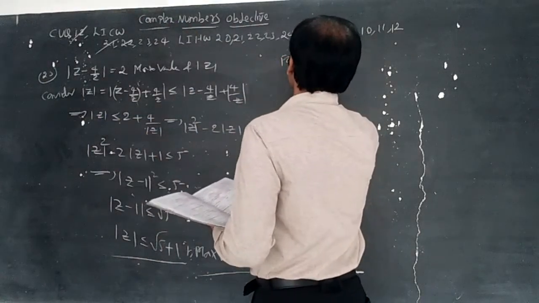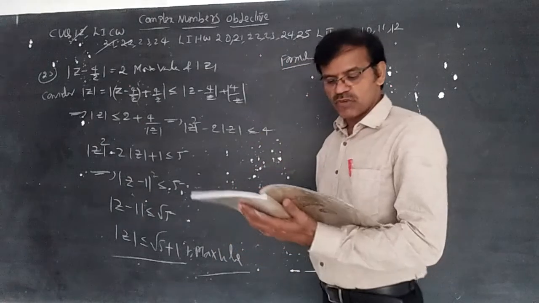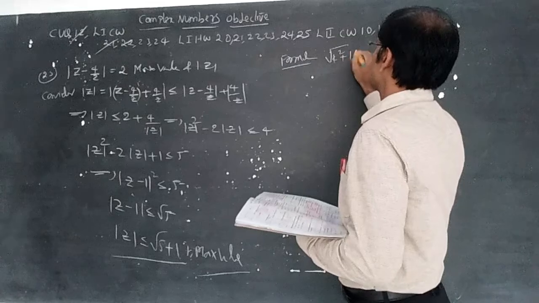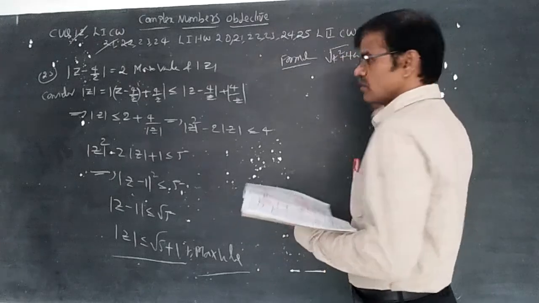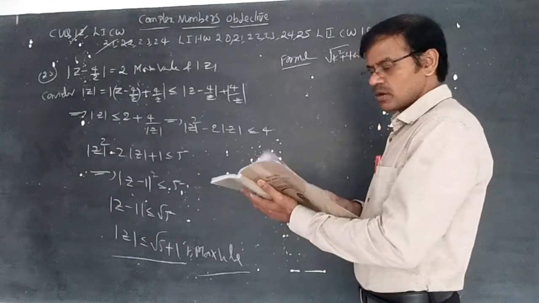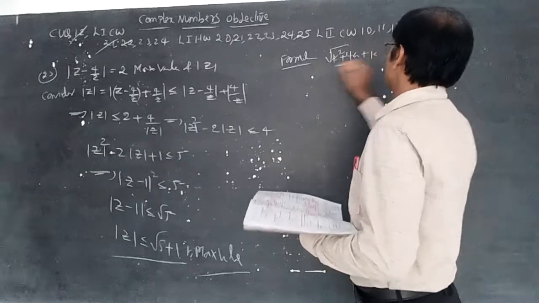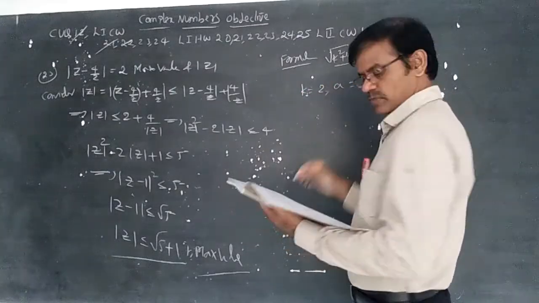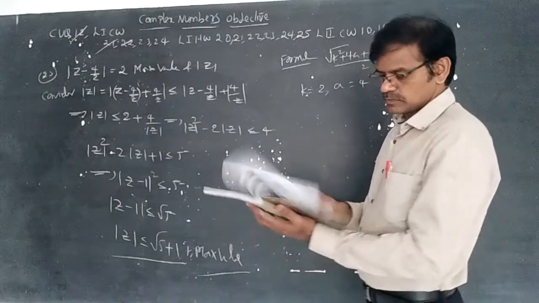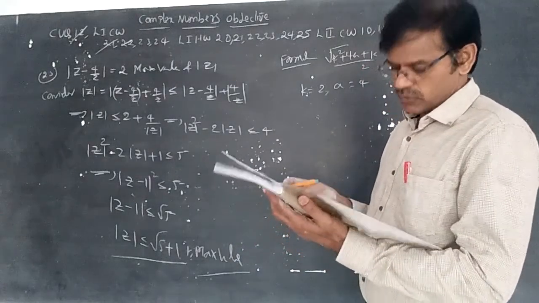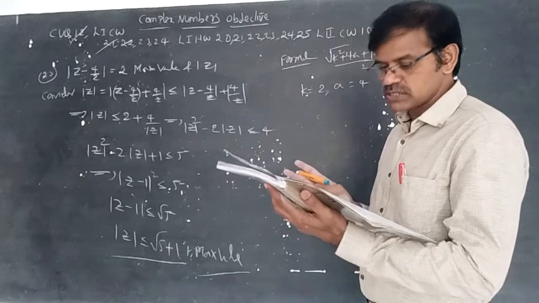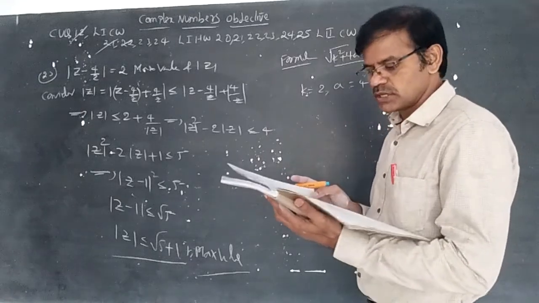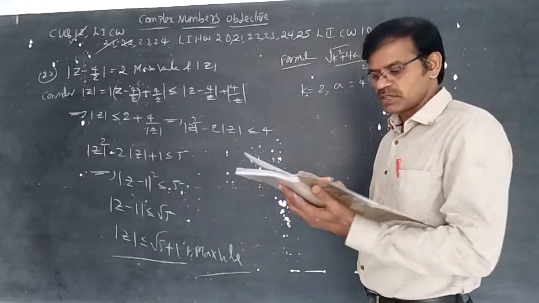Formula. Using today's fifth formula, we can use here root of k square plus 4a, plus k, whole by 2. k is equal to 2, a is equal to 4. Using the formula, note, the synopsis formula is there, page number 5: z minus a by z is equal to k, then the greatest value of mod z is root of k square plus 4a, plus k, whole by 2.